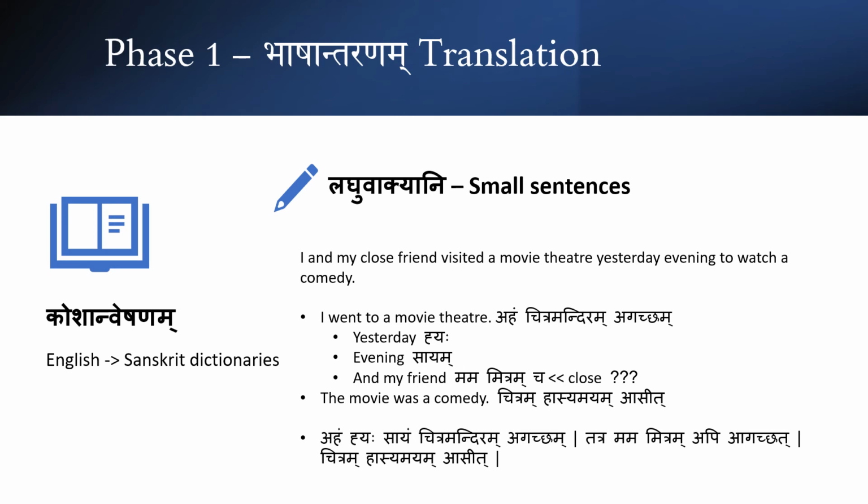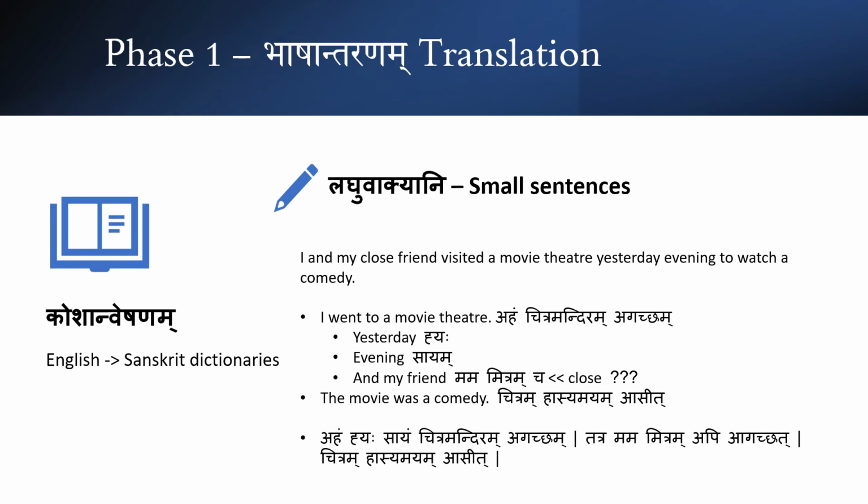Now Mama Mitram Cha, we want to add that. Now if we add Mama Mitram Cha in the first sentence, Aham Mama Mitram Cha Hyaha Sayam Chitramandiram, until that it is okay. But now if we want to use Agacham, we can't, because Agacham is in the singular or ekavachanam.